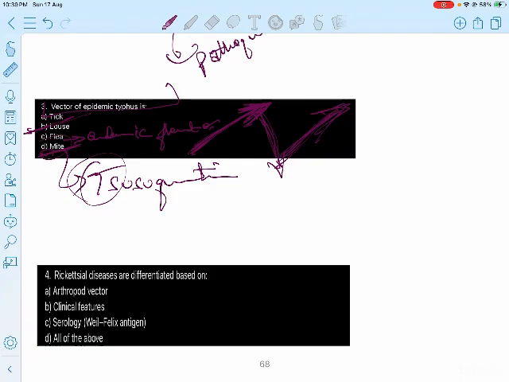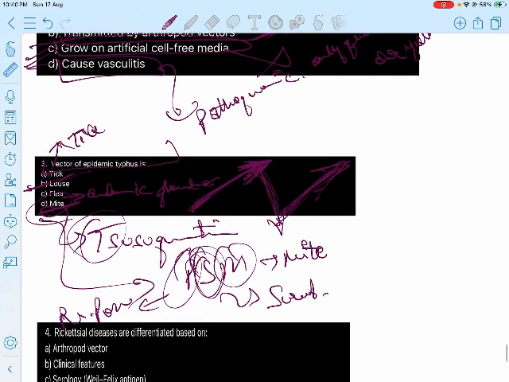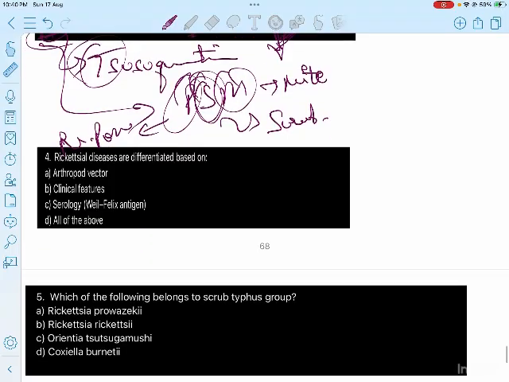Then we also remembered the mnemonic for mite, which was PSM. M for mite, which is the vector for rickettsial pox and S for scrub typhus. So this can also be ruled out. Not tick, we remembered it as tick spotted. So tick is for Indian tick typhus, Rocky Mountain spotted fever, and Mediterranean spotted fever. So this question is also done.